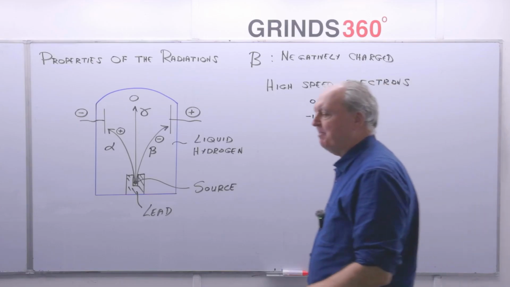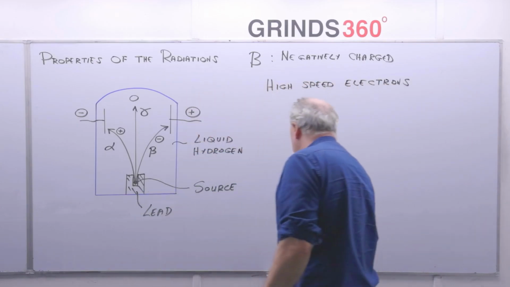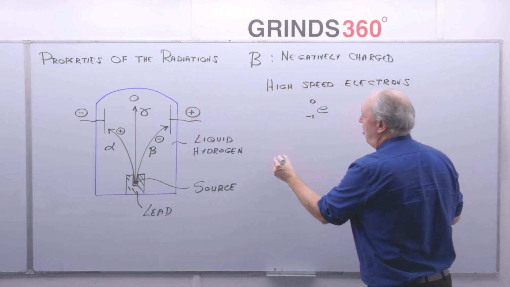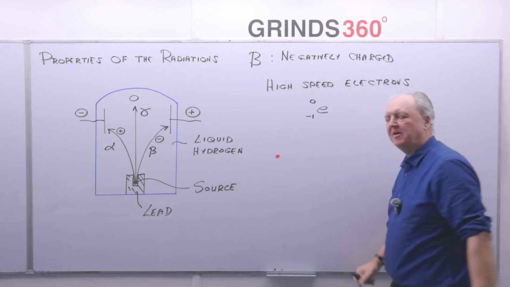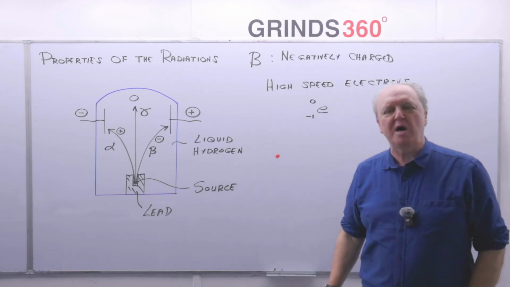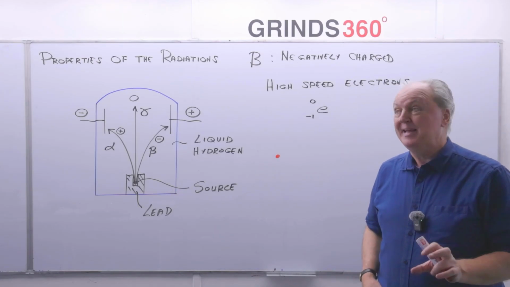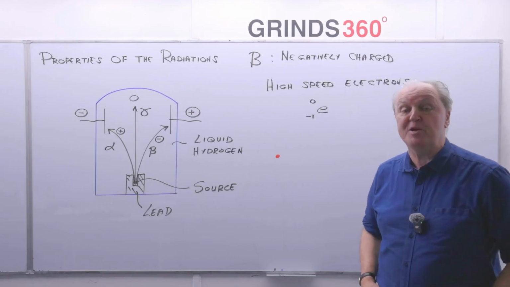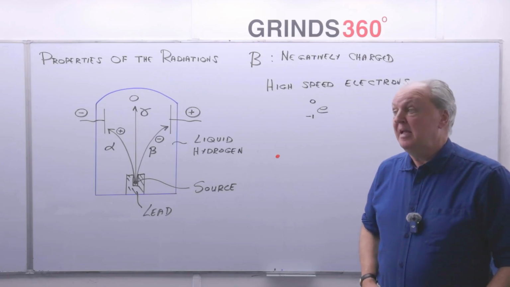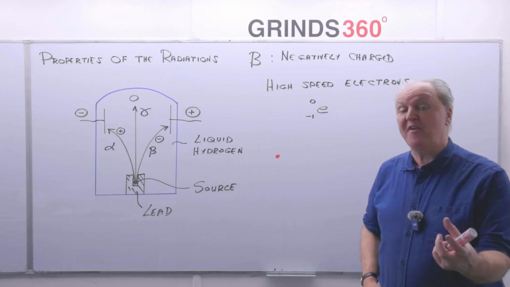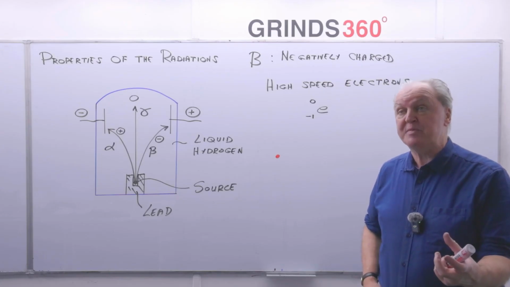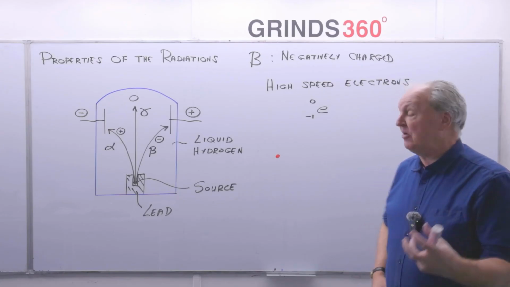So what can I say about my little electrons? Well, they're very small compared to the alpha. You know that one proton or one neutron, a nucleon, is about 2,000 times bigger than an electron? If you've got 4 nucleons in an alpha particle, that's 4 times 2,000, which is 8,000.